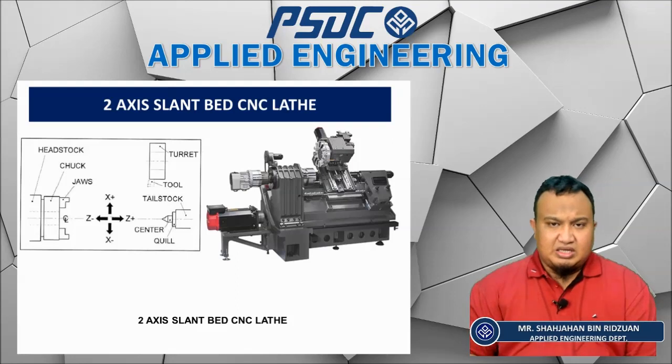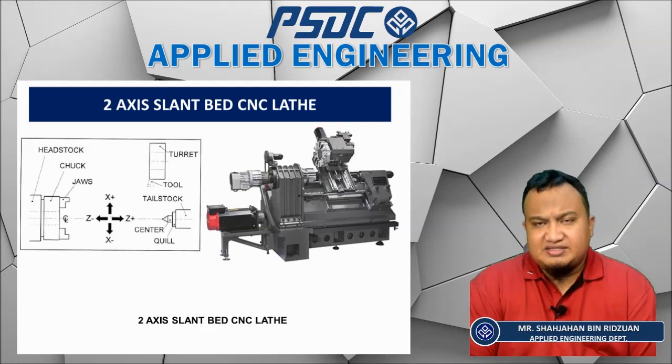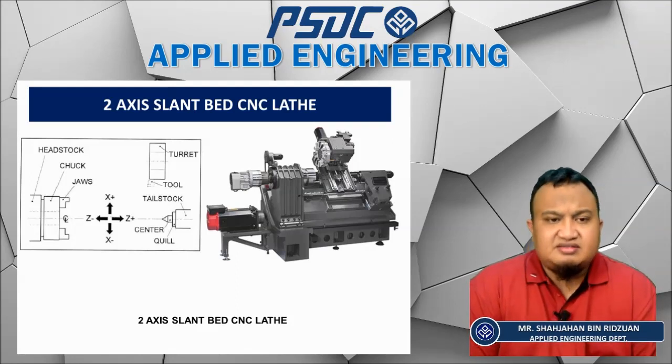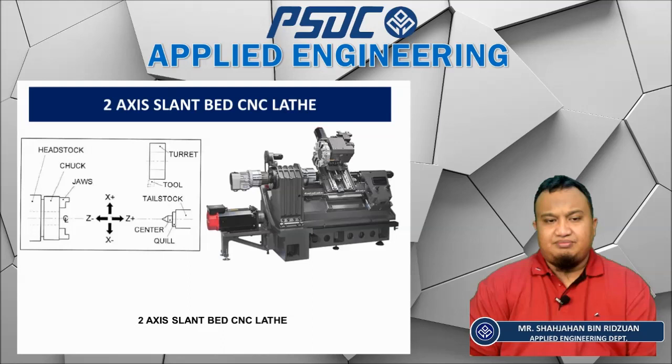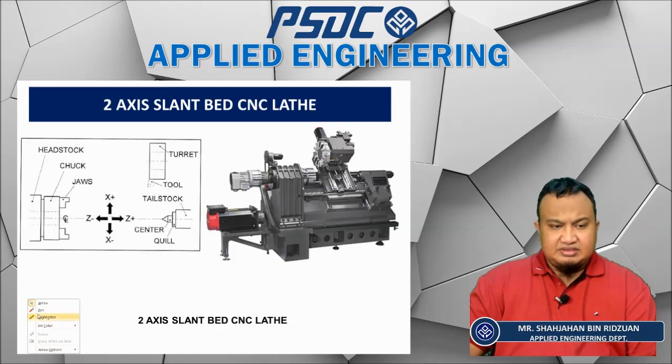We have several types of CNC lathe in PSDC, and commonly a CNC lathe has a two-axis slant bed CNC lathe. You can see in the pictures that what is meant by slant bed is the slant of the turret movement.